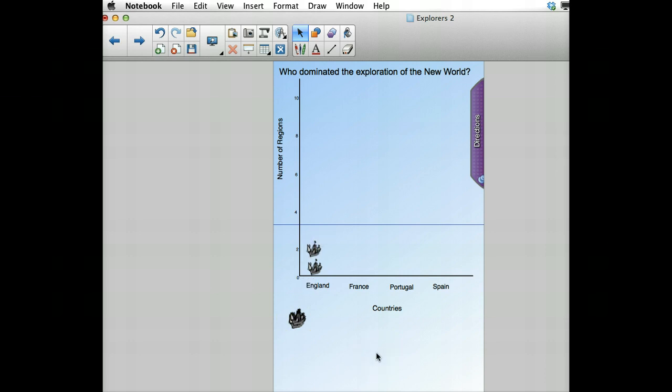And France has 3 discoveries, so they would graph the 3 ships. And Portugal has 1, and Spain had 8.